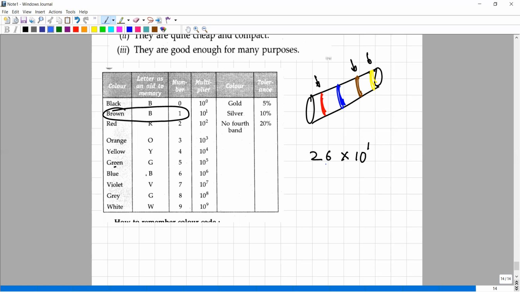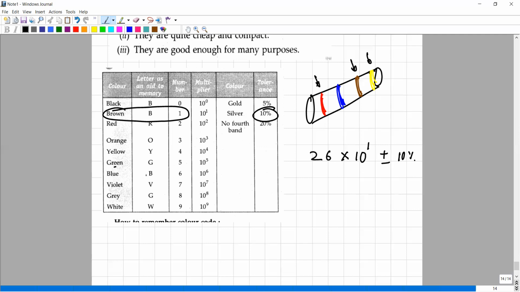That means it will be very efficient. That means the tolerance level, if it is gold in color, will be plus minus 5%. That means the specified value will fluctuate from the actual value by plus minus 5%. And if it is silver, then it will fluctuate by plus minus 10%.